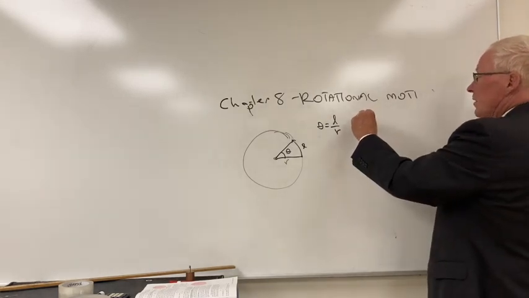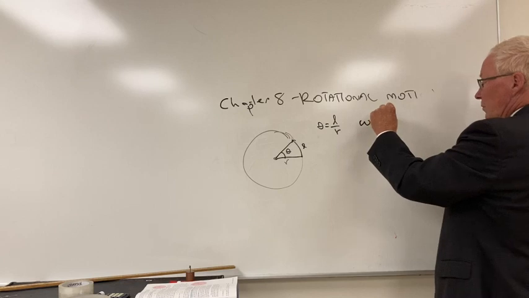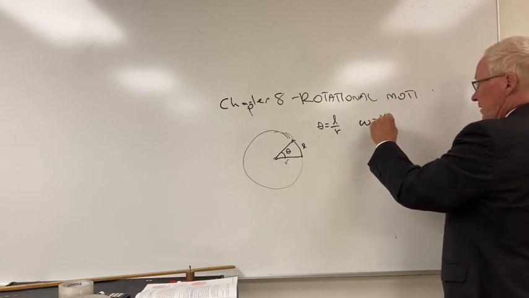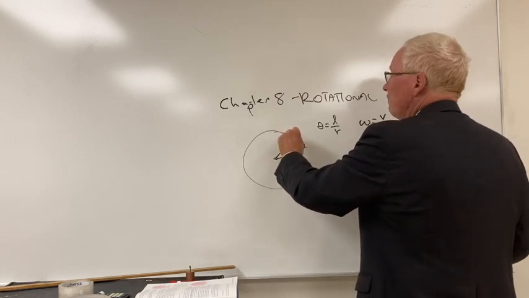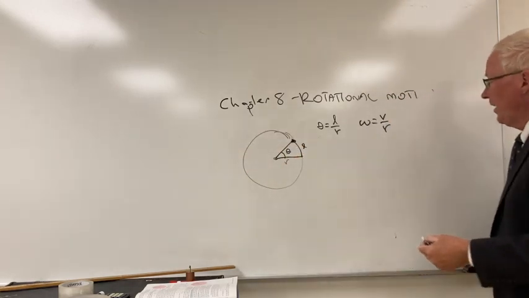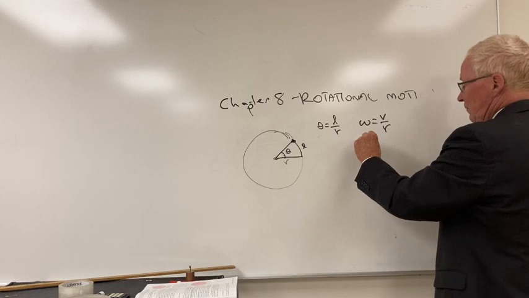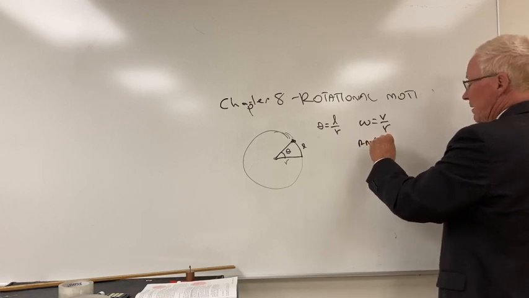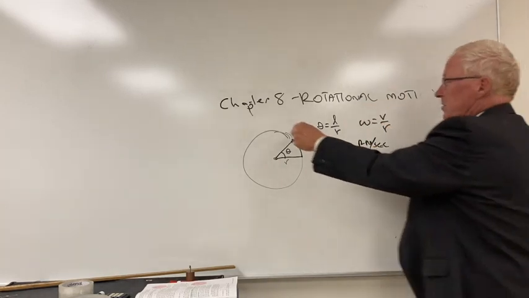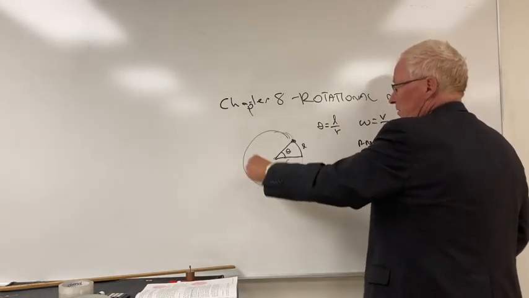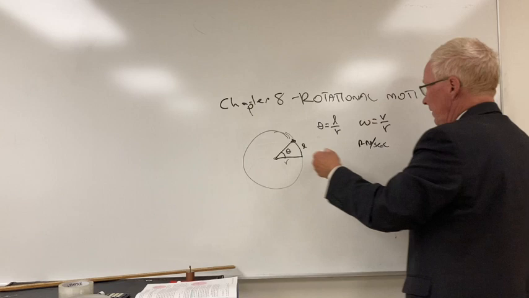Now we're going to introduce omega, which is going to be how fast it's moving over R. So how fast you're actually moving divided by R is the angular velocity, and this is in radians per second, right? Now if it's moving at constant speed, then omega is constant.